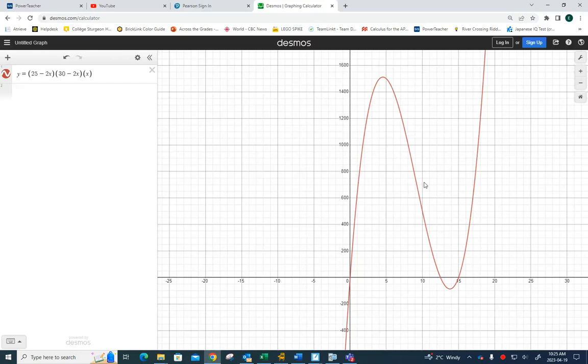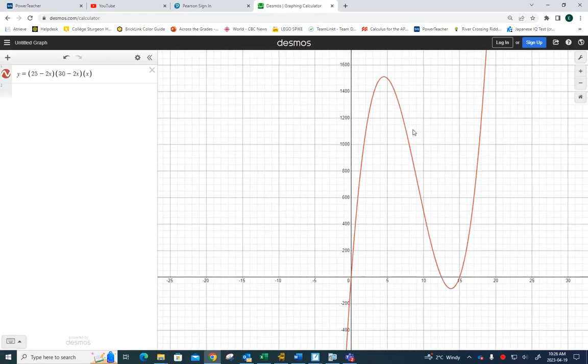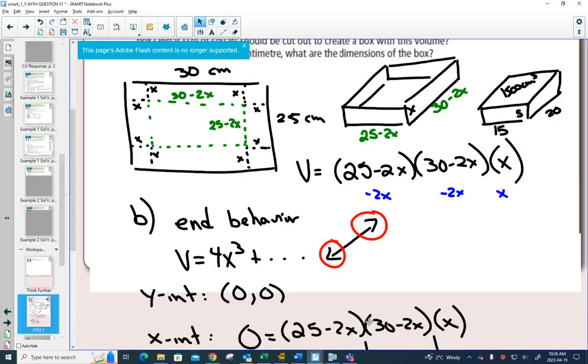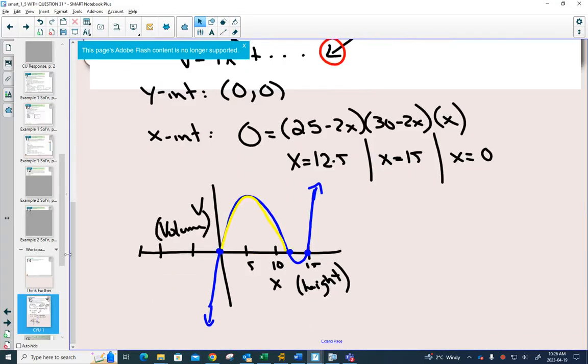Now I can click on the graph, click on the maximum. I was close with 5. 4.52 and 1512 is the best answer. So we'll go back here. We can go to our graph. 4.52 and 1512.